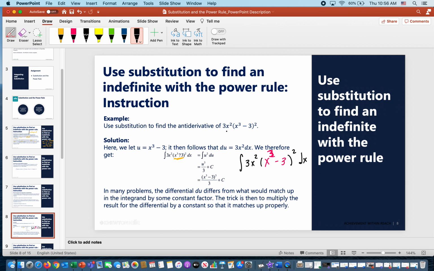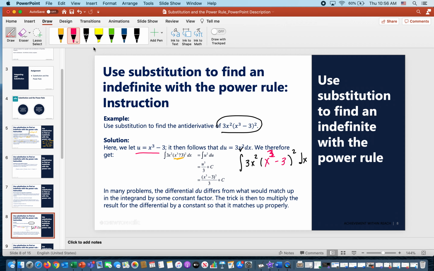Notice that dx was not in the original problem, but when I put the integrand here, we have to have the dx there. In this problem, we tell you, let u equal x to the third minus 3.